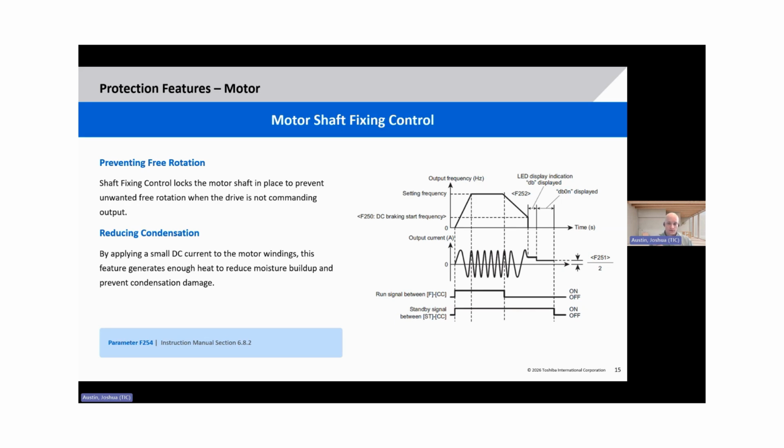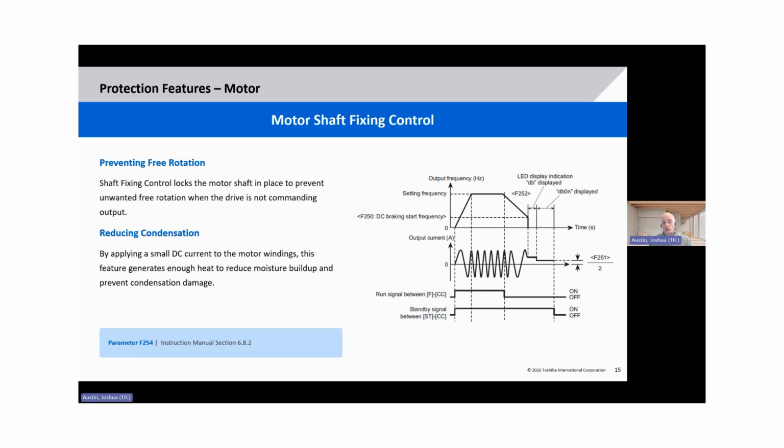But for the motor shaft fixing control, when we don't want the motor to spin, we can actually stop that motor from spinning. We can ramp down the motor, and then when we get down to essentially 0 hertz or something a little bit higher, 5 or 10 hertz, we can actually grab that motor shaft and prevent that motor from rotating.